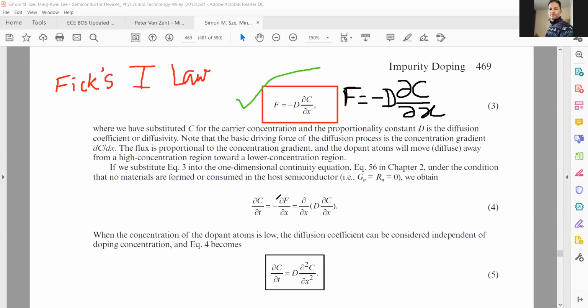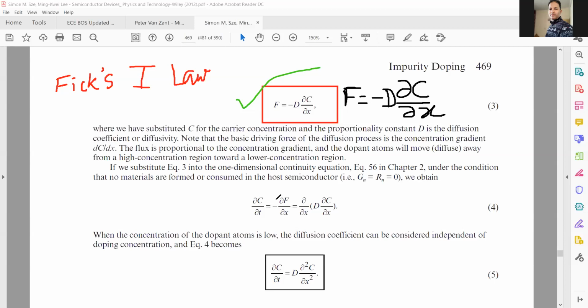Similarly, we have another condition. When diffusion happens, the law of mass conservation still holds true. What it means is that you don't have dopants getting created in a volume. Whatever dopants get into the volume, some dopants are also leaving the volume.